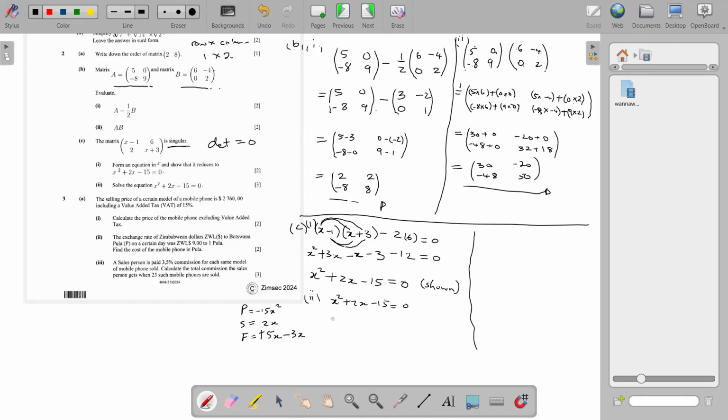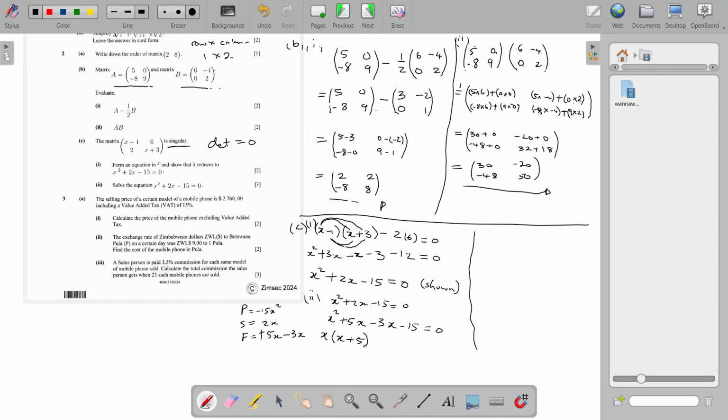So this can be written as x squared plus 5x minus 3x minus 15 is equal to 0. For the first two terms, the common factor is x, so we have x times x plus 5.